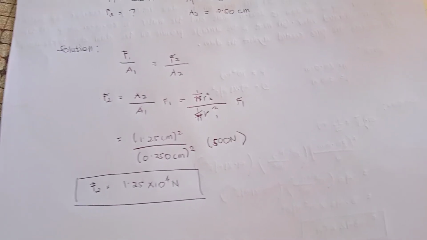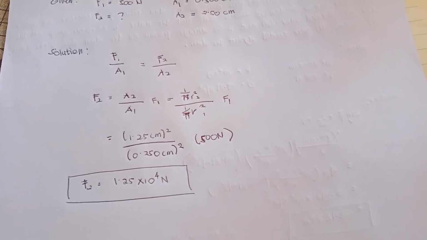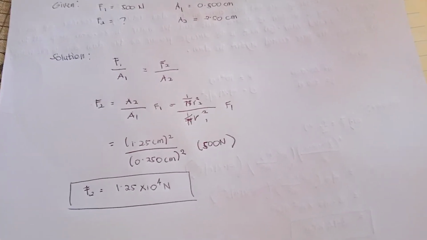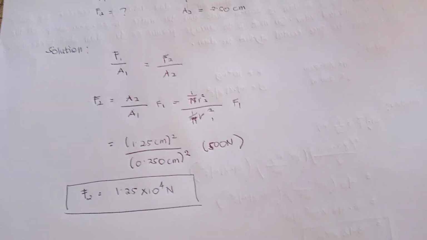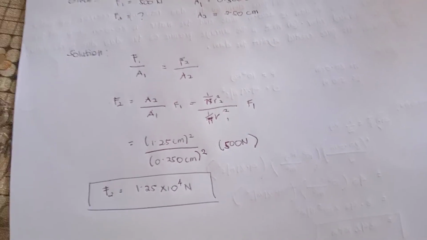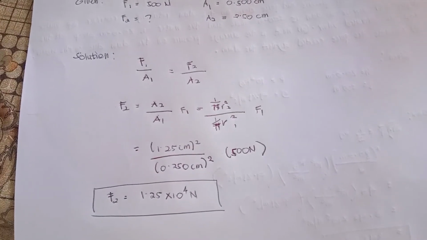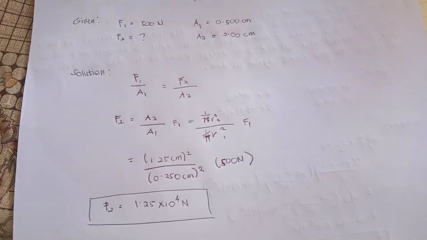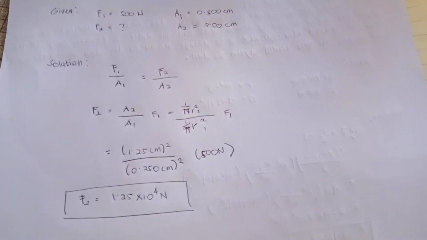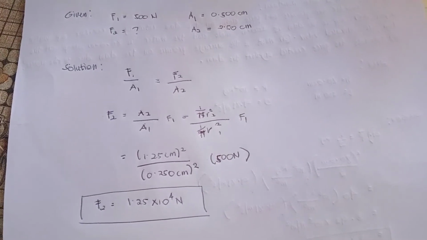So F2 equals A2 over A1 times F1, which equals pi r2 squared over pi r1 squared times F1. Then we simplify: 1.25 centimeter squared over 0.250 centimeter squared times 500 Newton, which gives us the answer for F2. That is what we were looking for, to calculate the magnitude of the force F2 created in each of the wheel cylinders. So we get F2, which is 1.25 times 10 to the raised power of 4 Newton.